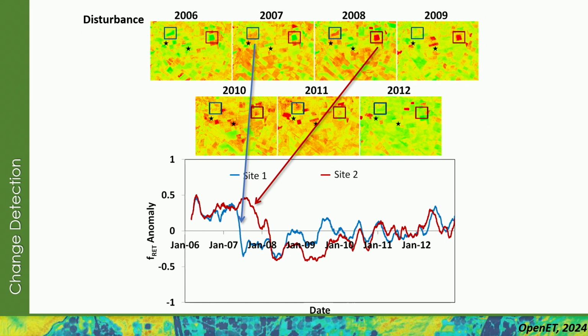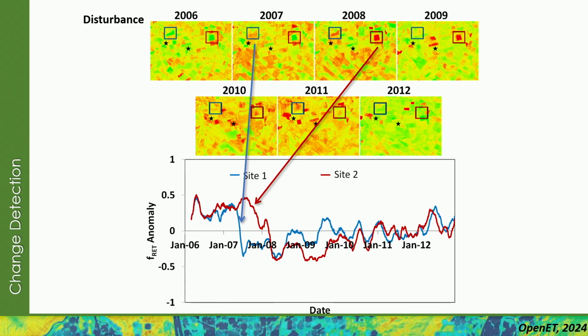It turns out either thinning or harvest caused this quick drop of the FRET anomaly. And along the years, you can see it gradually goes back from negative to above zero, which is a signal of recovery. So from this, we can also tell the recovery of this plantation after the disturbance.